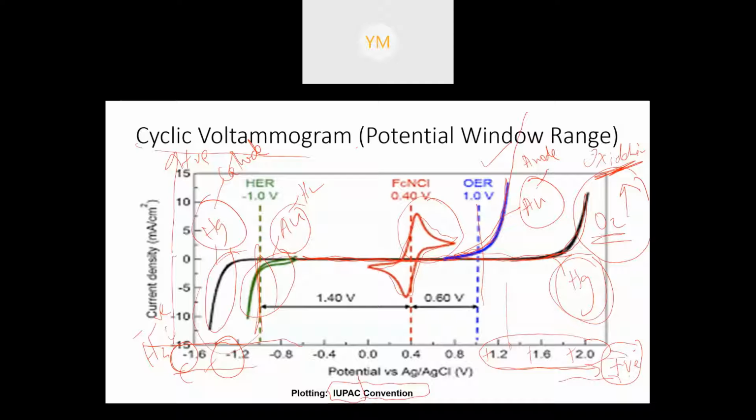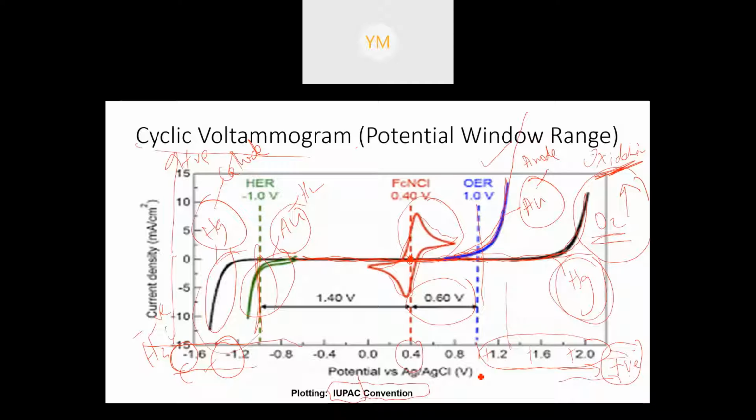Okay, so this is the value of the overpotential. This is the middle, E half. This is the overpotential before the evolution of hydrogen. So start at 0.4, then it's around 1.